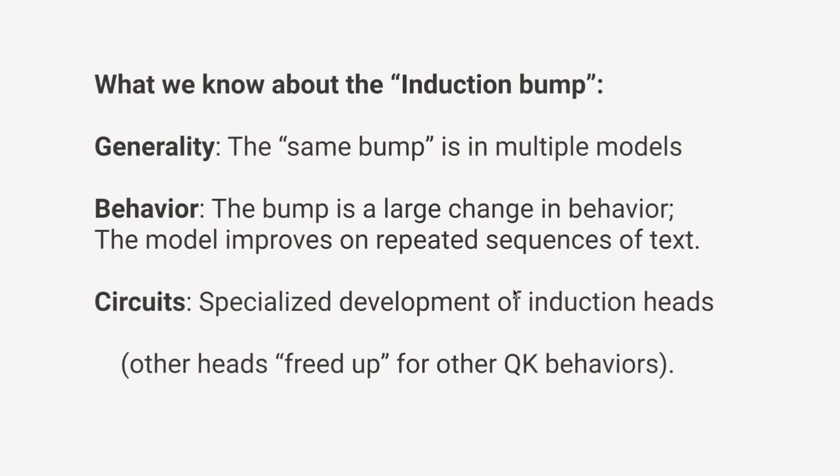Behavior-wise, we could see in a couple of different ways that the bump represents a large change in behavior when analyzed on a token-by-token level, and what the model seems to be improving on is repeated sequences of text. And at the circuits level, we've seen a specialized development of induction heads over the course of the bump, and then some suggestive evidence that this frees up other heads to do other interesting kinds of second-order QK behaviors.